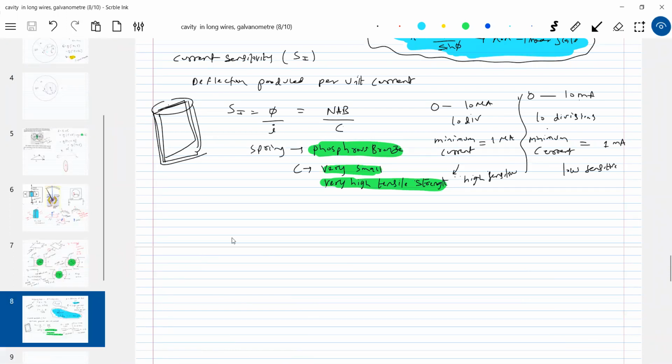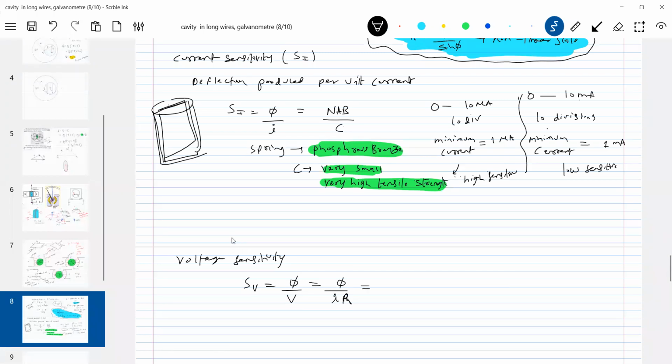Now we'll define one more quantity called voltage sensitivity. So what is voltage sensitivity? It is deflection per unit voltage, S_V. What is the deflection? The deflection of the pointer of the loop. And what is voltage? The voltage applied across the loop, or across the galvanometer, which is I into R.